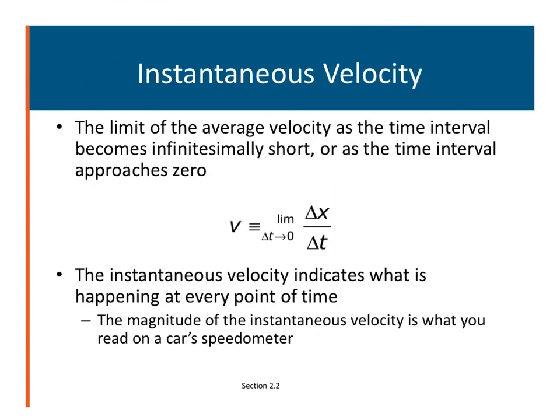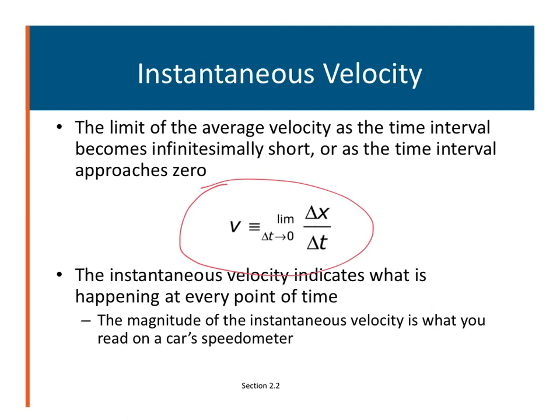Now, in your book, you're going to see an equation that looks like this and says that the limit of the average velocity as the time interval becomes infinitesimally small, or as the time interval approaches zero, gives us the instantaneous velocity. All right, now this deals with some calculus concepts or some higher end pre-calc, so we're not going to get into that equation at all.